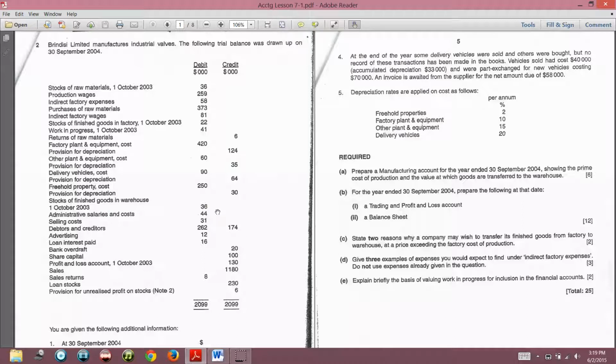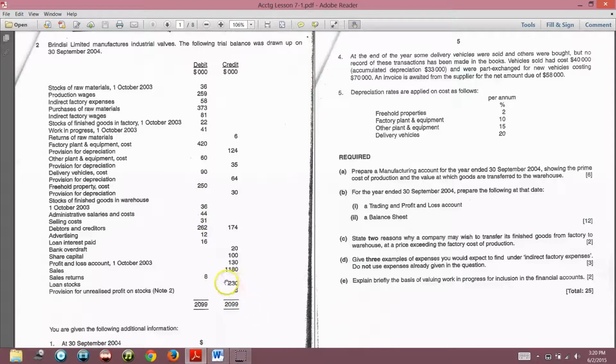I know that the factory profits from the trading side. But when you put in the figures for the whole company, the finished goods in the warehouse should exclude the 20% profit element.